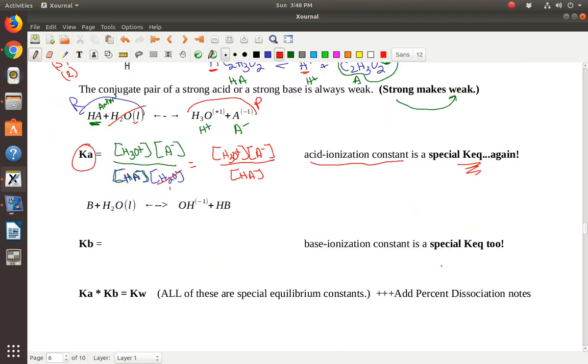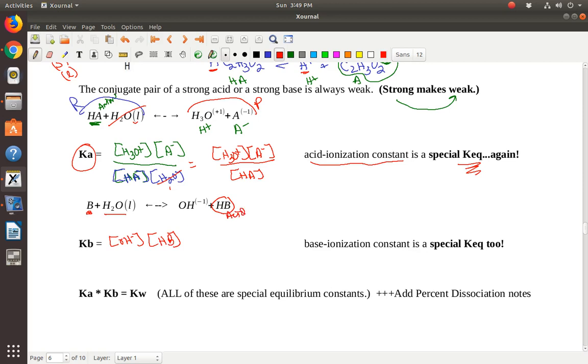So what about for base? Well, if we have a base, the B for base, and it's dissolved in water, the base always takes the hydronium ion right here, plus you end up recreating this acid. So for the base, we end up with the hydroxide ion concentration, hydroxide, not hydronium, times the concentration of HB, which now would be the acid.